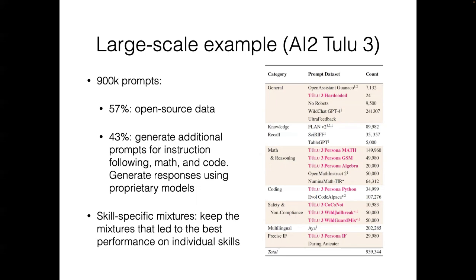But I did want to give one concrete, really recent example. This is from AI2. They trained this model called Tulu-3. For their SFT stage, they have 900,000 prompts. 57% of them, they went around and collected from various data sets that have been developed. There have been a lot of other data sets since this Alpaca paper.